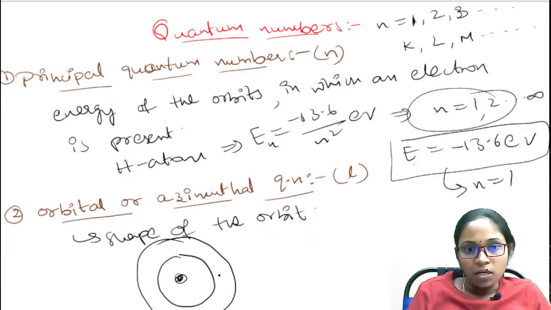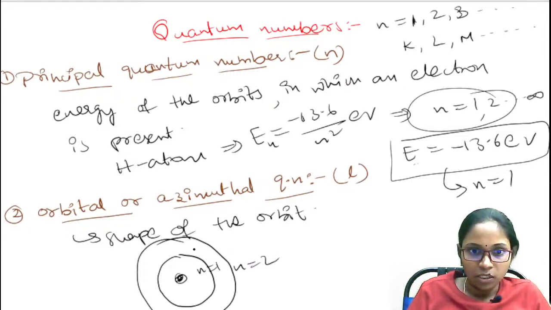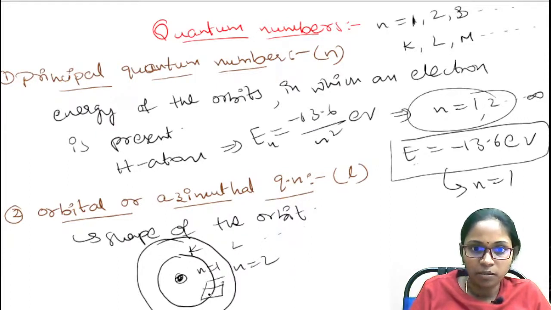Okay, and this is for n equals to 1, this is for n equals to 2. That means K shell, L shell and so on. In this K shell we are also having subshells కూడా ఉంటాయి. వాటిని ఏమంటాం మనం?